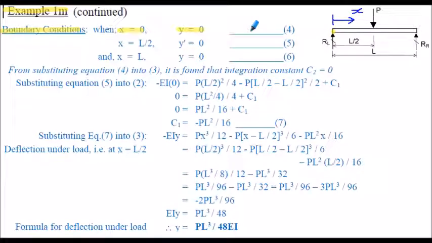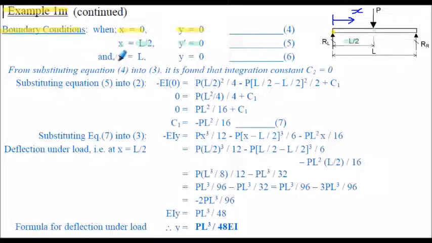Now in this particular beam configuration, because it's a symmetrically loaded, simply supported beam, we know that the slope at the center of the span, so when x is equal to L upon 2 this time, slope at the center of the span, that must be 0. So my y dash, don't forget y dash is dy by dx, the slope of the beam, that's equal to 0 at the midspan. Beam will have no slope at the midspan.